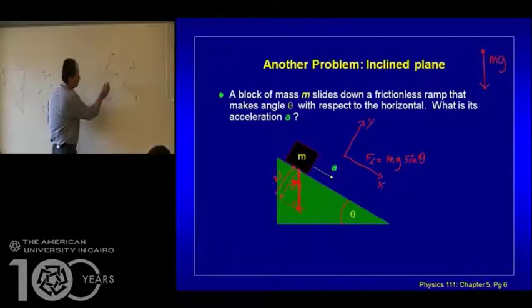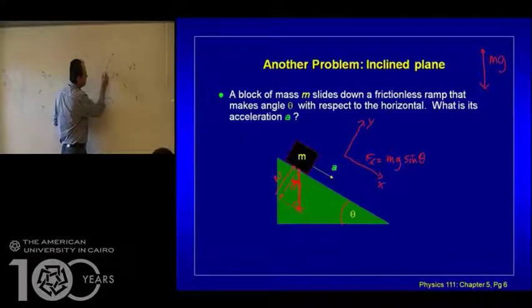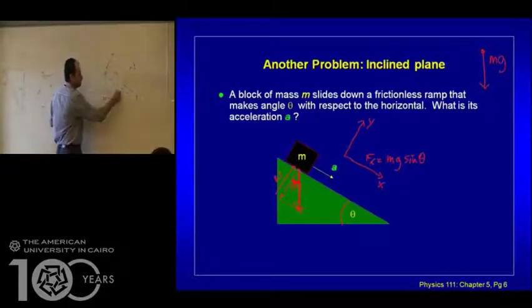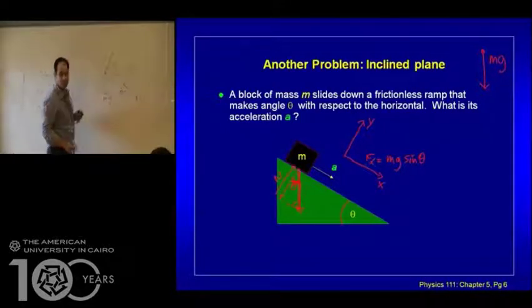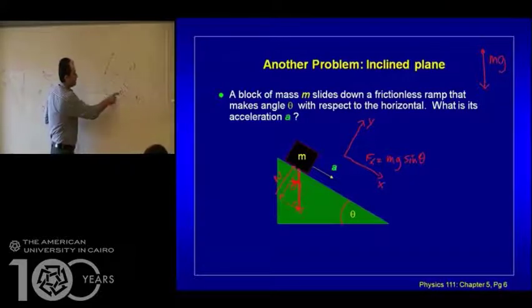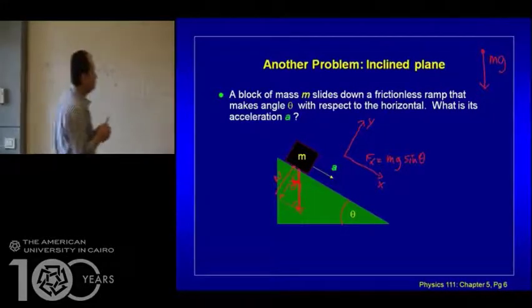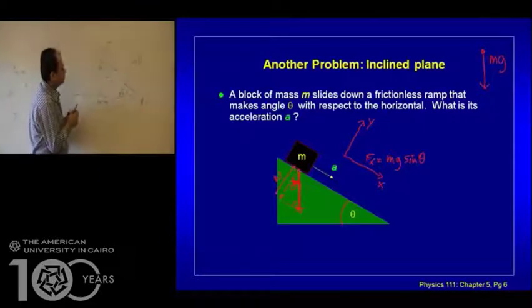Then all we have to do now is to find out what that angle is. We know that the tilt angle here is theta. This is theta, and I claim this is also theta. Are they?